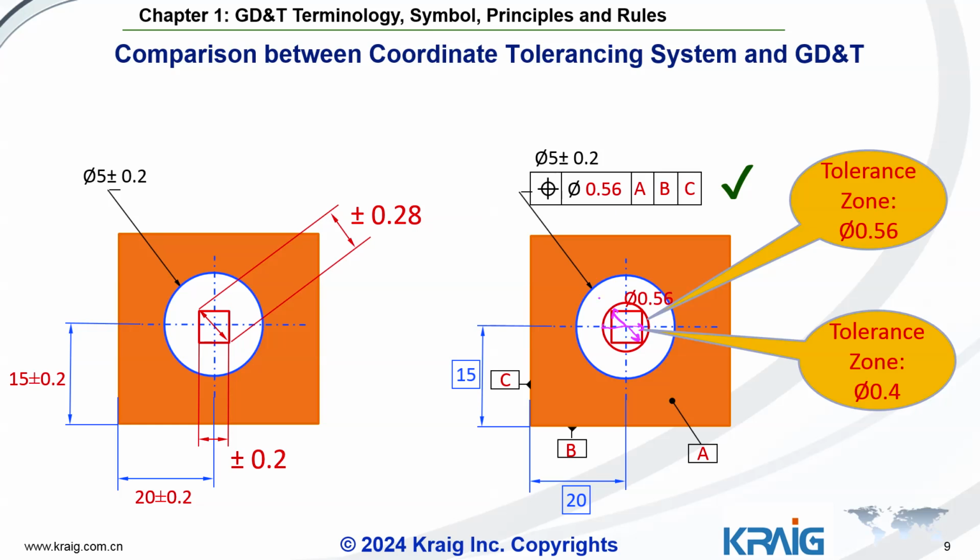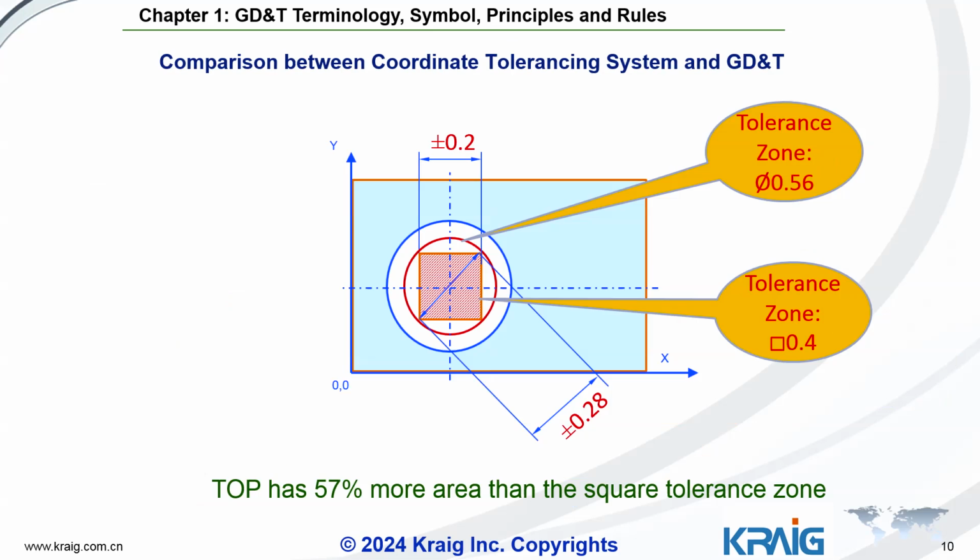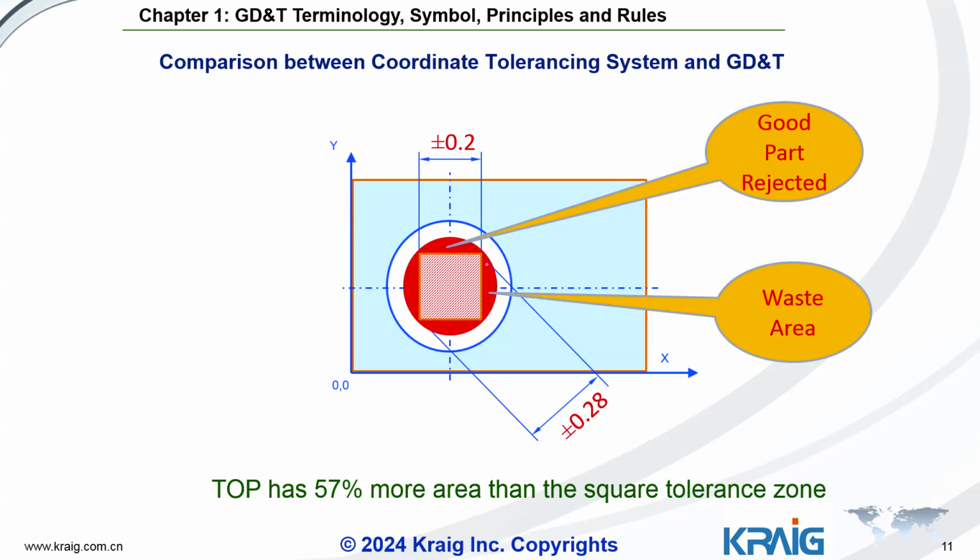So put that way, if the center falls to here, in this area, the function is okay. No problem, the function is okay. However, it's outside of this square tolerance. So what does it mean?